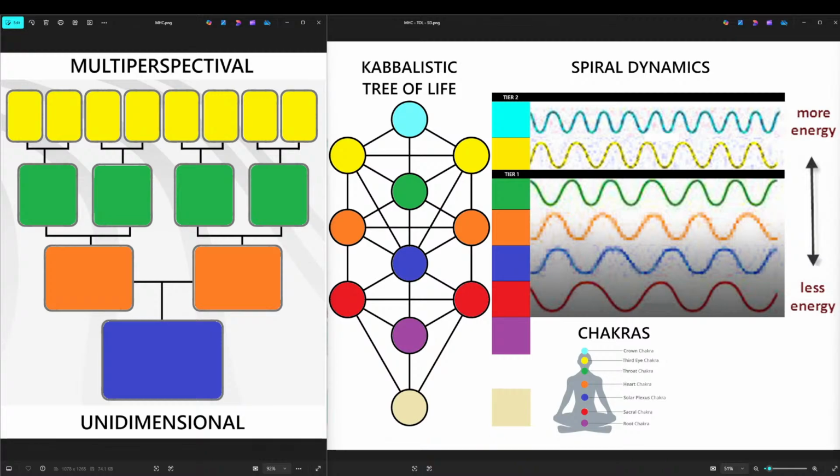Depending on where you're at, there's that much of a difference in the quality of life, and the sophistication, so to speak, of your consciousness at each level.